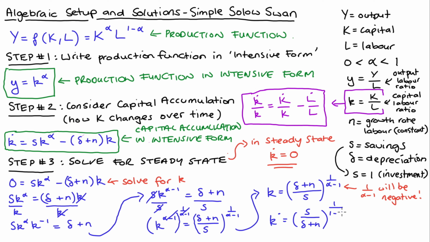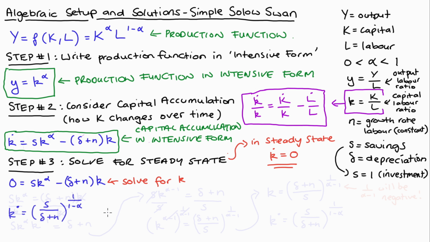So 1 will now be positive, and then minus, so alpha is now negative, and that's our steady state value of k. Right, good. And this over here, given that alpha will be less than 1, the exponent will be positive, and it's easier to interpret how our savings rate, how our depreciation rate, and our n, how it affects our steady state capital to labor ratio, k star.